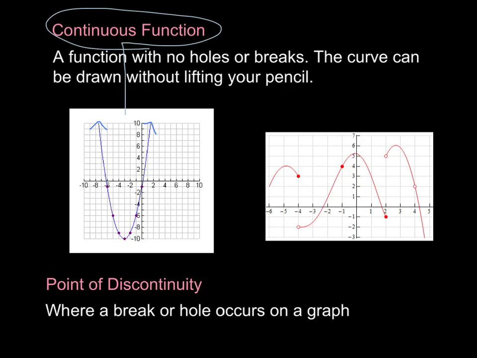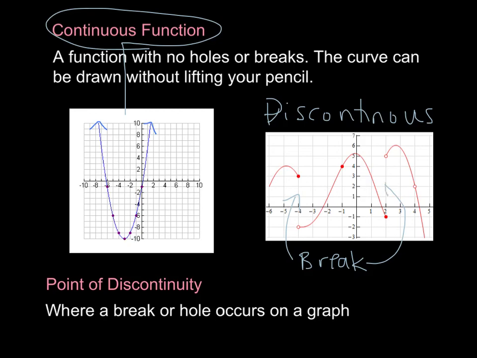And then the graph on the right here is a discontinuous graph, so it has points of discontinuity. We can see here this is an example of a break right here. There's actually two of them.